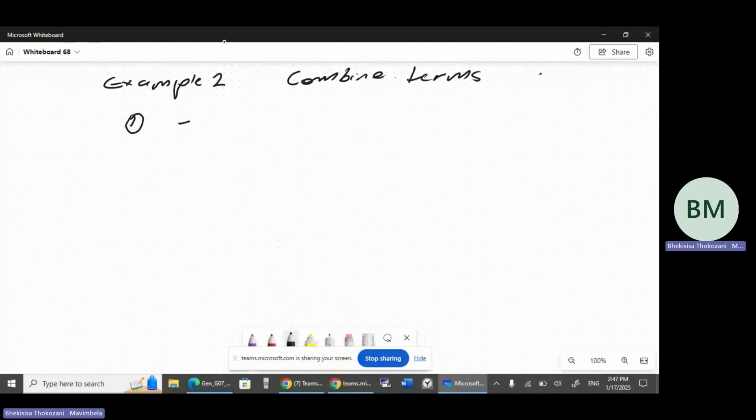They give you minus y plus 8z minus 15y minus 30z plus 6. So what you'll have to do here is to first identify which letters are the same.